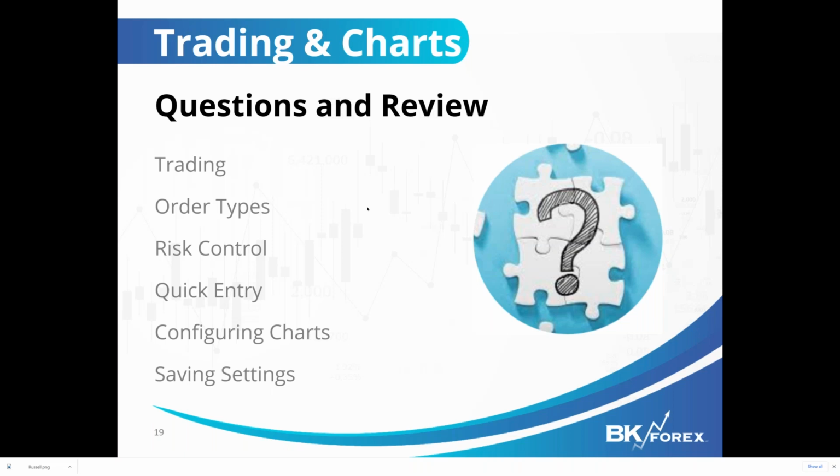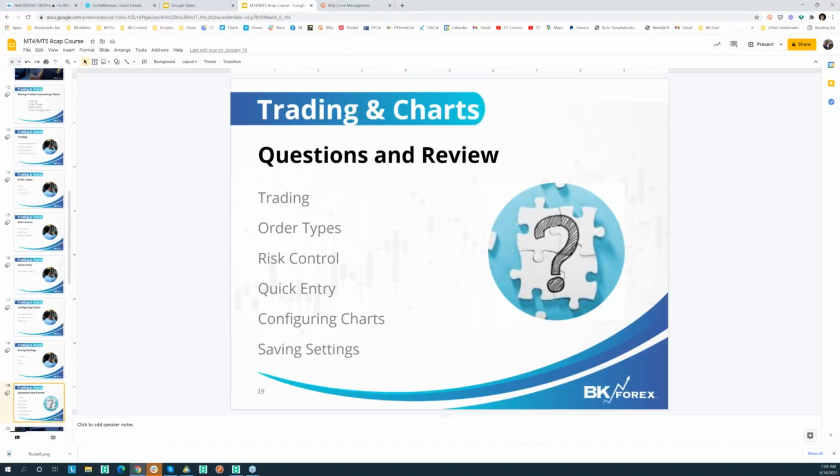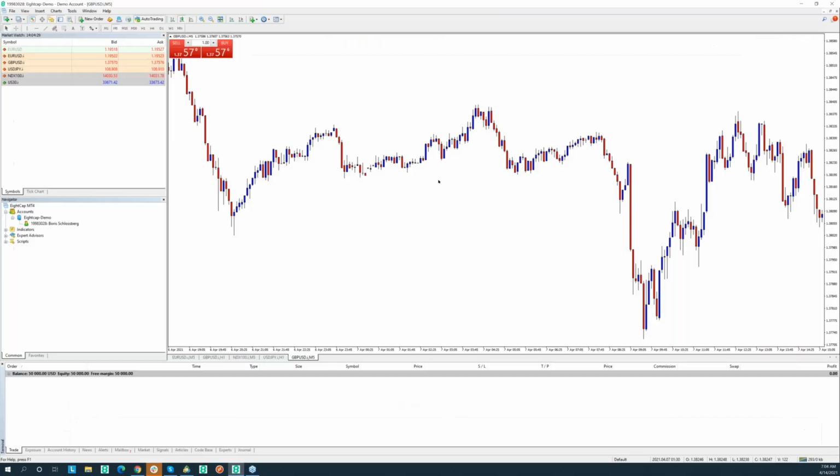But before we do this, let me just escape out of here. Go to my platform. Okay. So this is our demo platform that we're working on. But before we do this, I wanted to just talk to you about the 5 major parts that we talked about last time, which is your market watch window, your chart window, your navigator window.